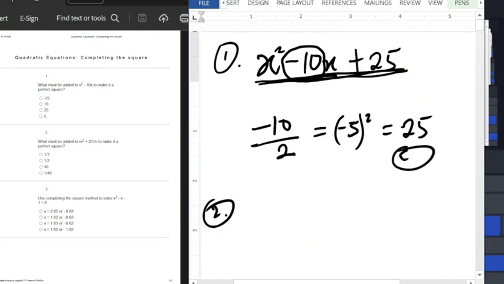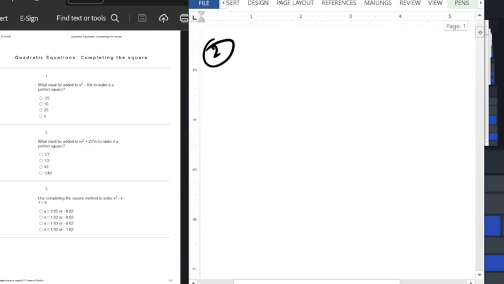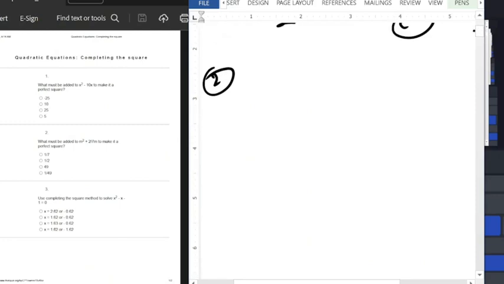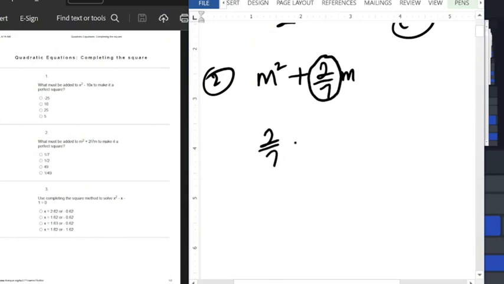Number 2, the same thing. What must be added to m squared plus 2 over 7m to make it a perfect square? The coefficient of m is 2 over 7. We take half of it, that is 1 over 2 times 2 over 7. The 2 cancels 2, and this gives you 1 over 7.